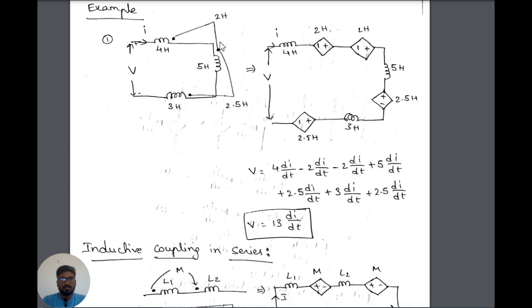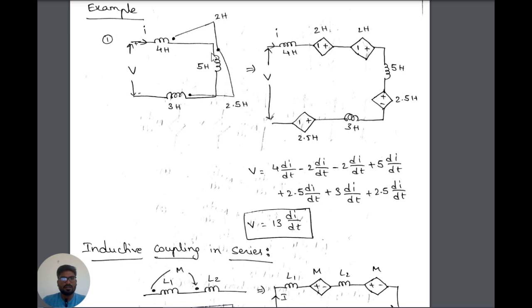This is a sample example. In this, 4 Henry, 5 Henry and 3 Henry inductors are connected in series. The mutual inductance between them is 2 Henry and 2.5 Henry. Here this inductor will contain two effects. One is self-inductance and one is mutual inductance caused by 2 Henry.